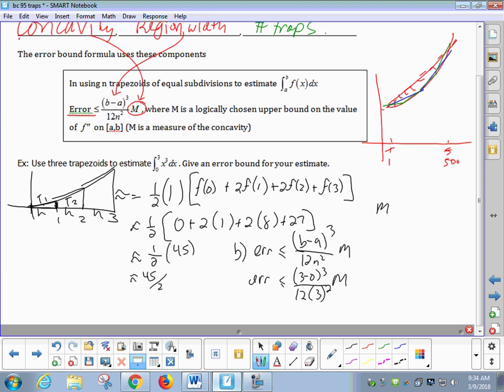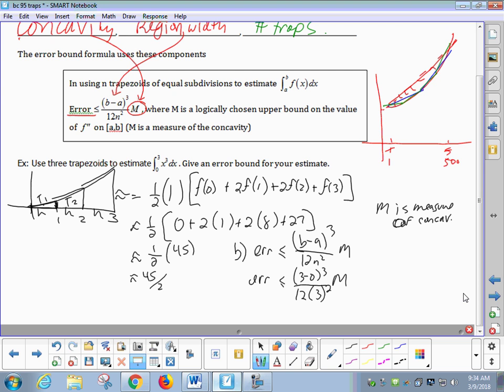All right. Now m is a measure of concavity, but more specifically, because I want an upper bound, it's the greatest possible concavity I can get on the interval. I know we don't usually think of concavity in degrees. We just see if it's concave up or concave down.